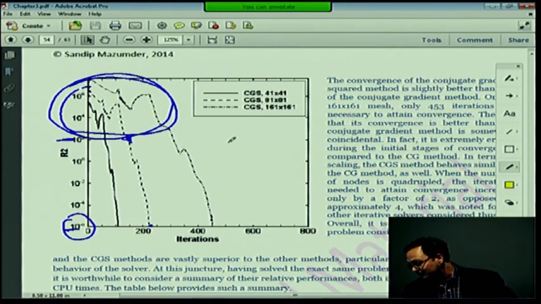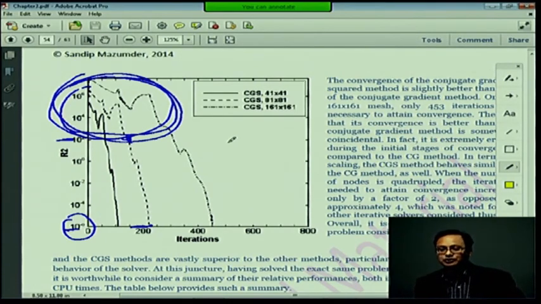All the work really got done here at the front end, which means I would still be spending quite a bit of time to go down a couple of orders of magnitude, as opposed to what I would need for 10 orders of magnitude. So that's part of the reason some people don't like the conjugate gradient solver, because the initial rate of descent is very erratic and not very fast sometimes.